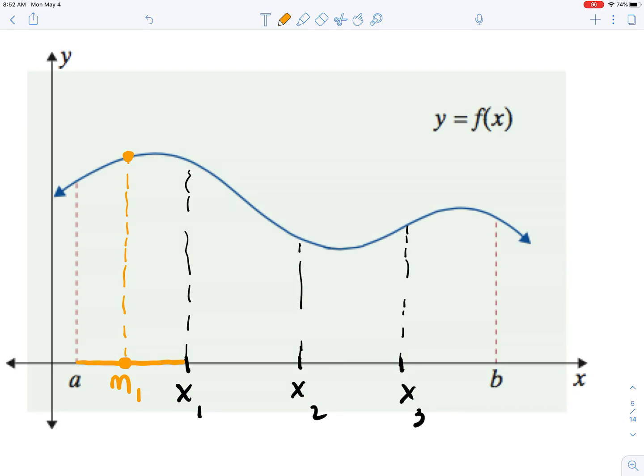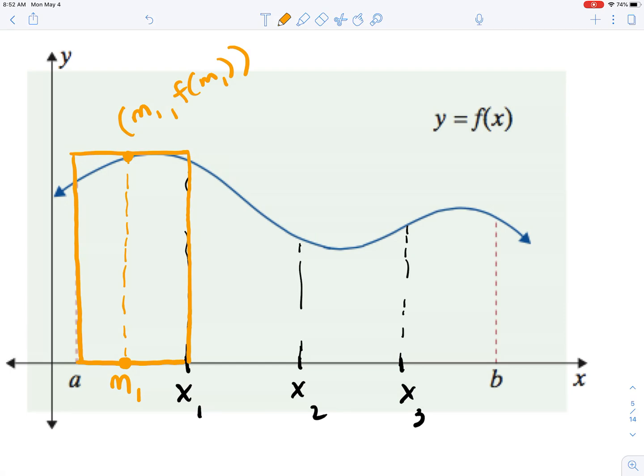So the height of the rectangle is going to come from evaluating the function f of x at that midpoint, m sub 1. So that point on the curve would be m sub 1 comma f of m sub 1.